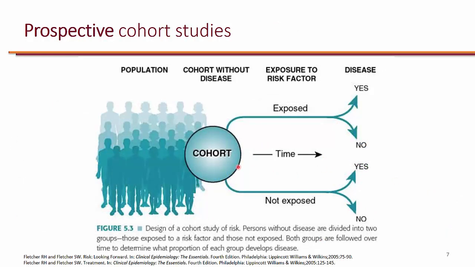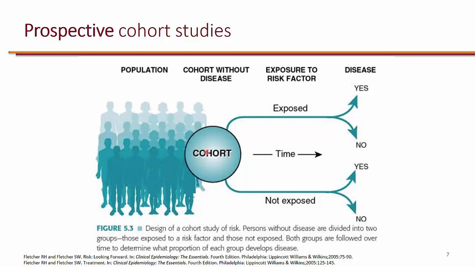As I mentioned, in prospective cohort studies, you have your cohort, or a group of patients, and depending on what you're looking at, whether it's a risk factor. For example, what if you wanted to see the likelihood of having cardiovascular disease in patients who are smokers? So the risk factor would be smoking.